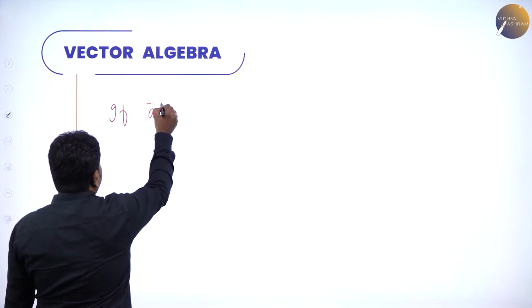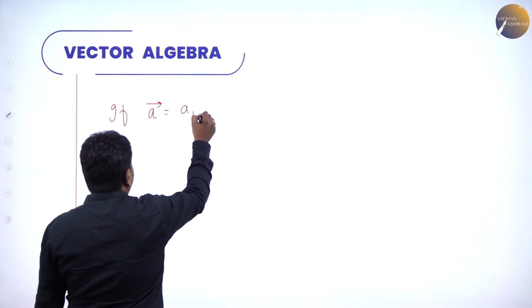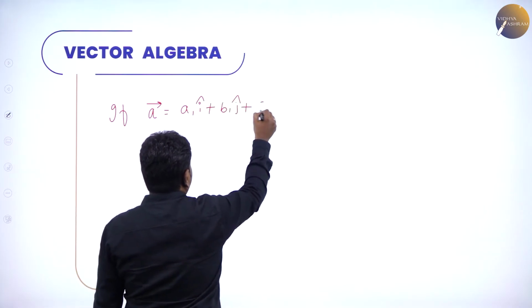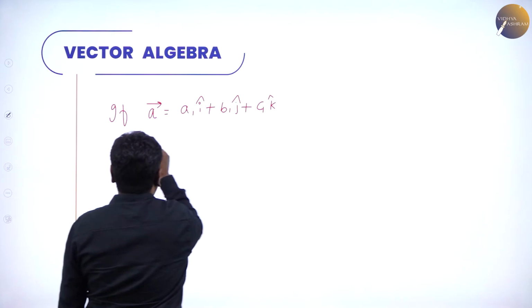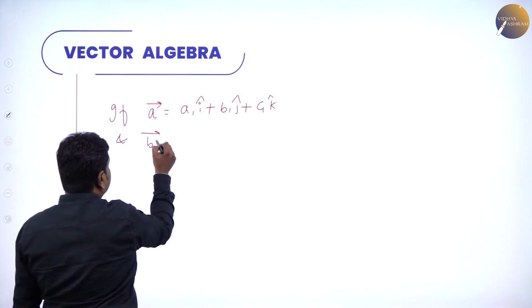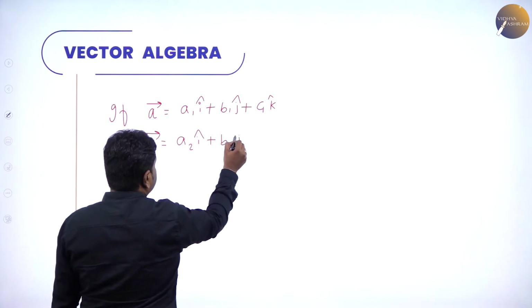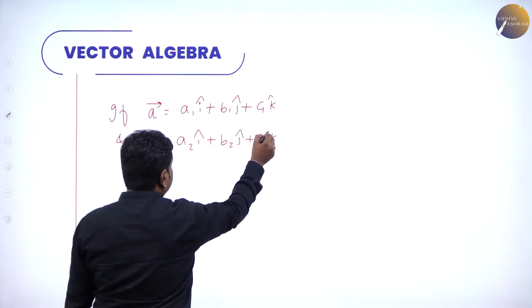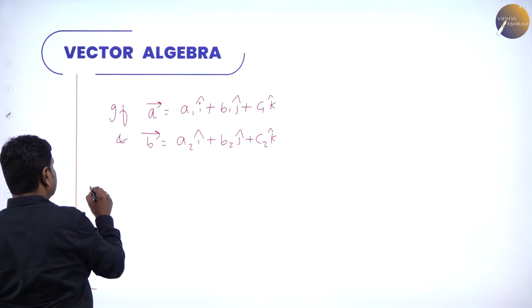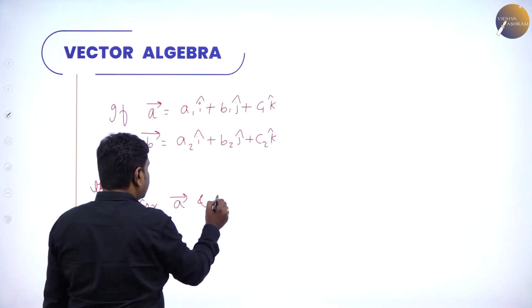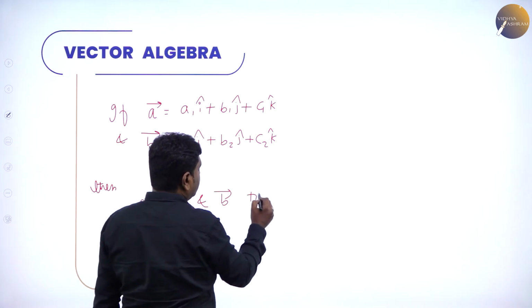If vector A is equal to A1 i cap plus B1 j cap plus C1 k cap, and vector B is equal to A2 i cap plus B2 j cap plus C2 k cap, if these are the two vectors, then for A and B to be collinear, what is the condition?